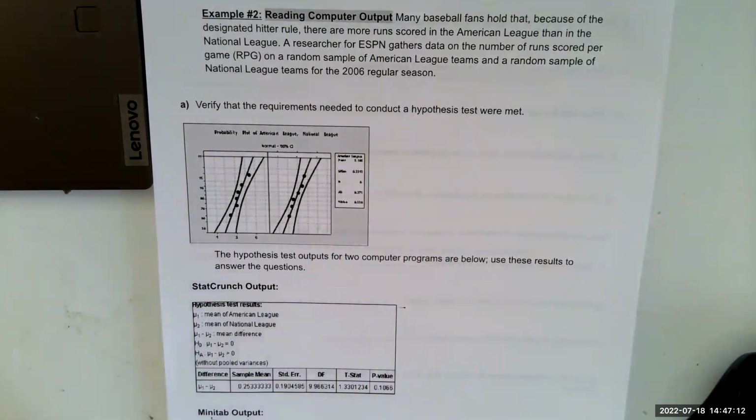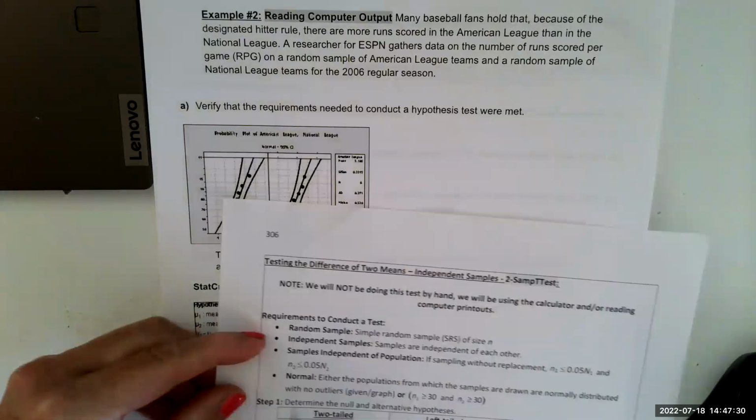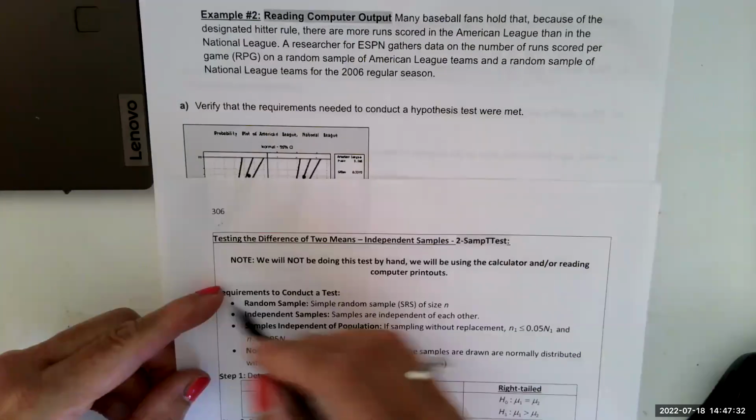Okay, so if you get out your 2 sample, it's your very last page, page 306 in your formula packet.